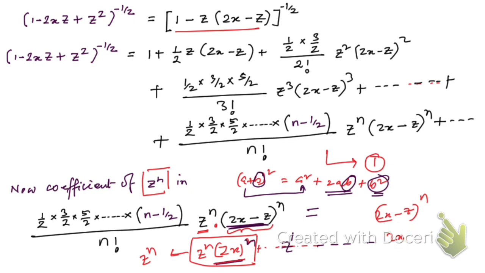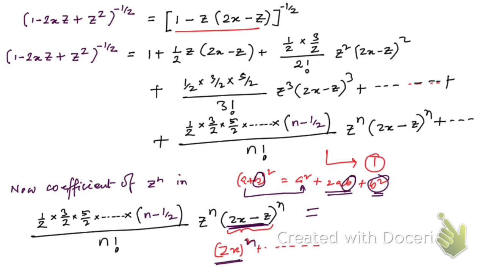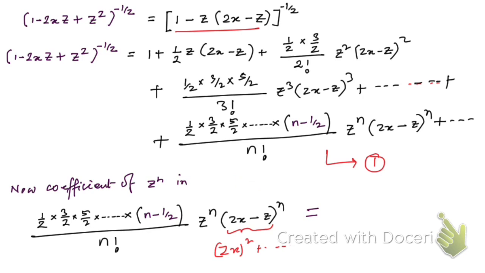In the first term only. Let me explain: the first term of this expansion means, if we expand this, we get (2x) whole to the power n plus dot dot dot, terms containing z.